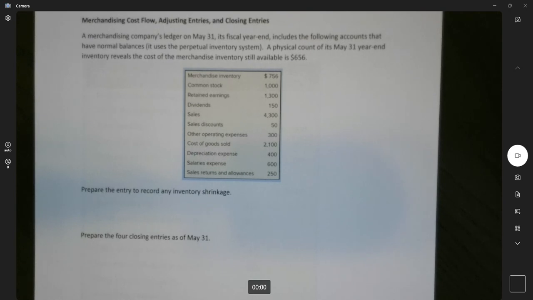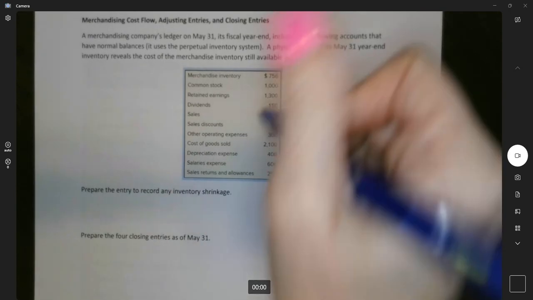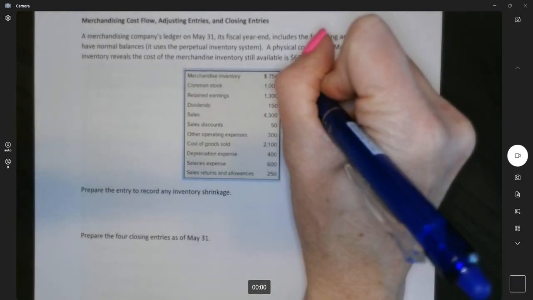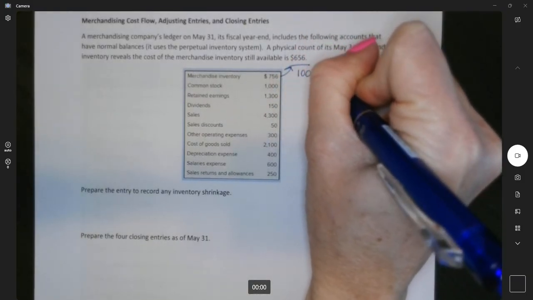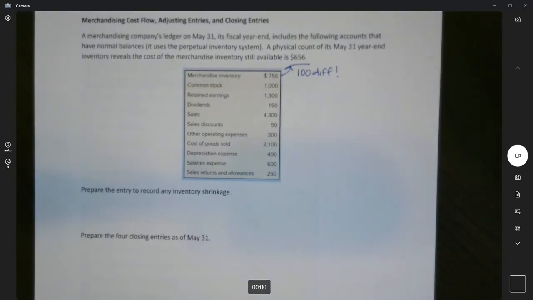Physical count of its May 31st year-end inventory reveals that the cost of merchandise inventory still available is actually $656, so $100 difference. So we're going to record the entry for that inventory shrinkage.